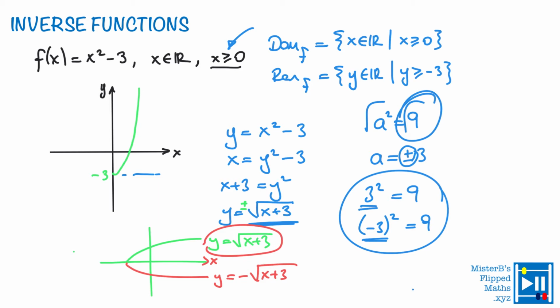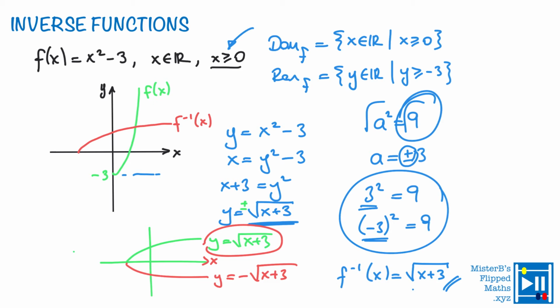So long story short, my inverse function will be f inverse of x, that's how I read and write, is equal to square root of x plus 3. That's my expression for the inverse function. How about the graph? Well, the graph will be something like this. So this is f inverse of x, and this is f of x.